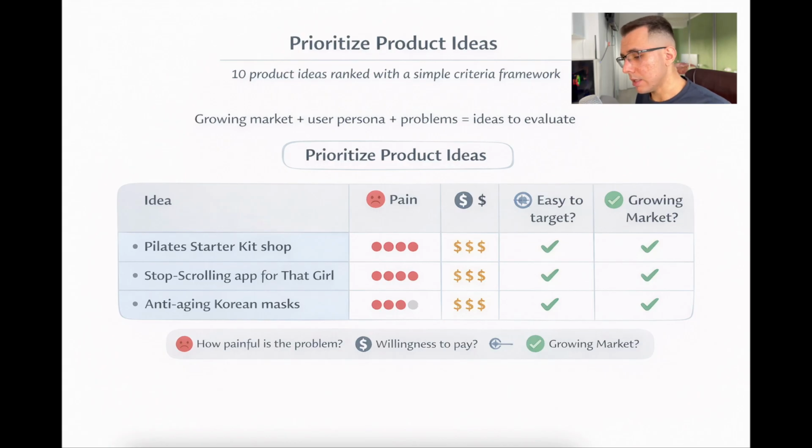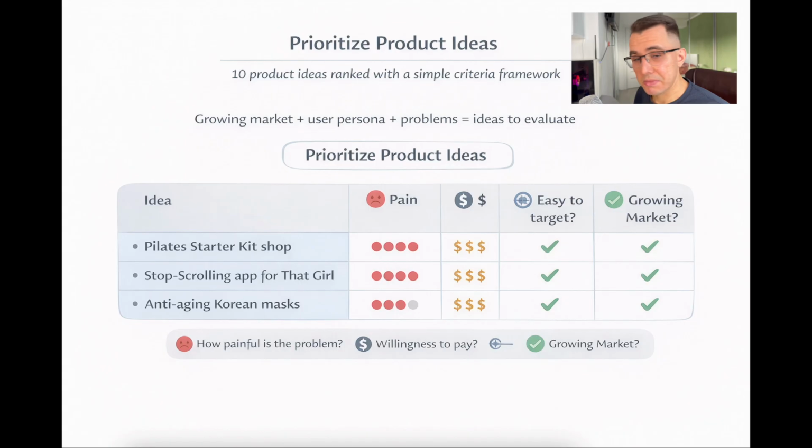And the last idea on the list is something that every girl in the YouTube videos was complaining about: the skincare, the premature aging, and so on. So I had this anti-aging Korean masks idea, and yeah, so now we have 3 ideas. We put them against the framework to decide which one we actually should pursue, which one we should actually focus on. So first one, Pilates Starter Kit shop.